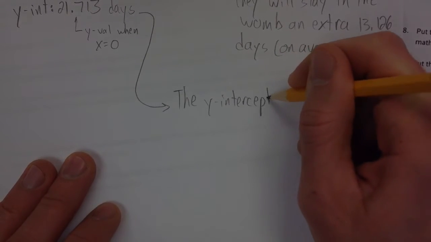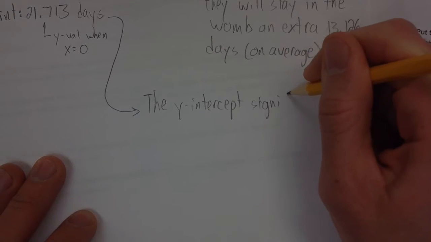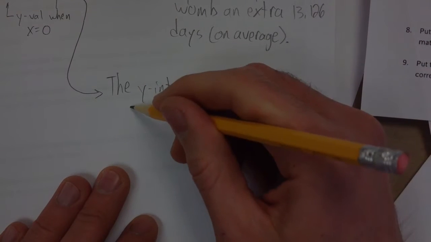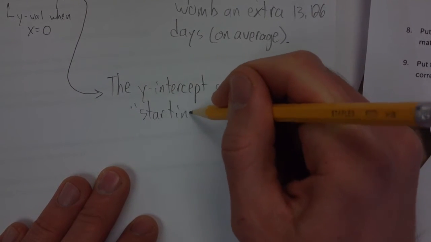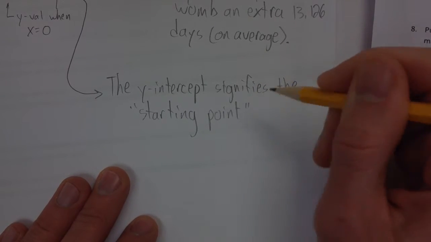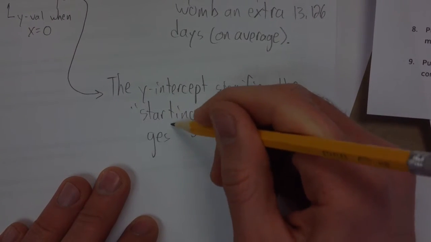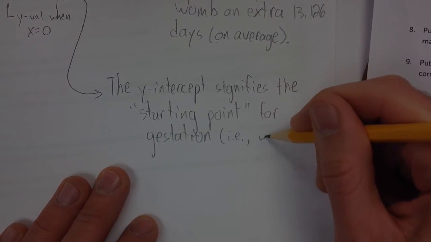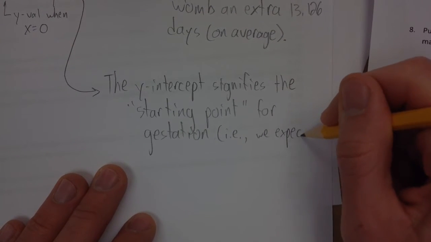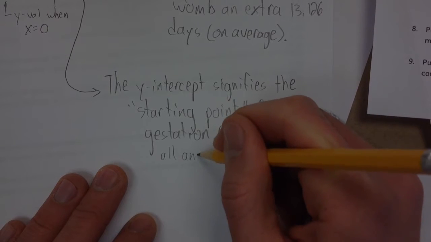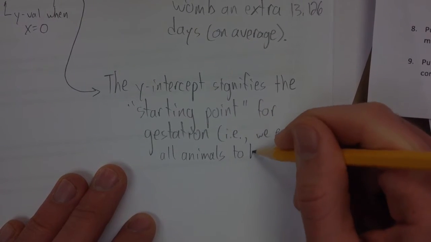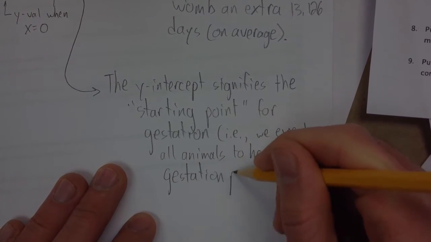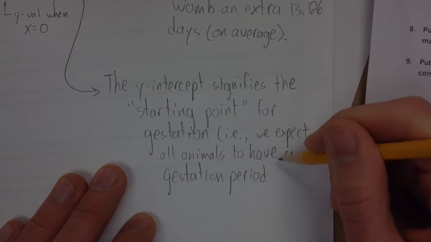So I'll say the y-intercept signifies the starting point for gestation, i.e., we expect all animals to have a gestation period of at least 21.713 days.